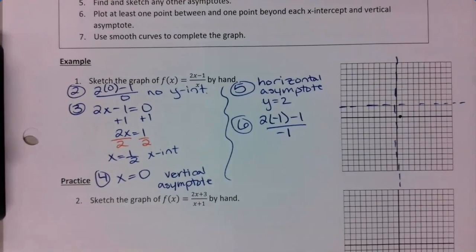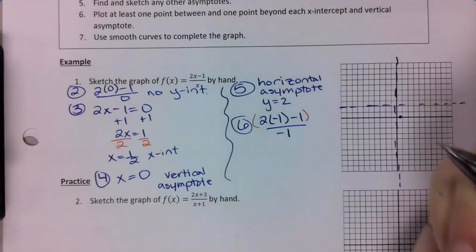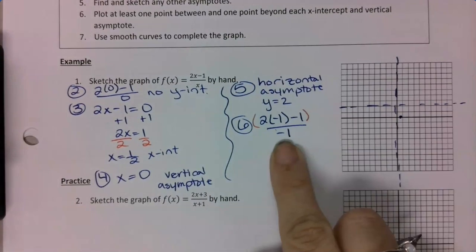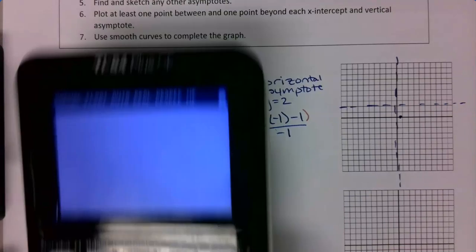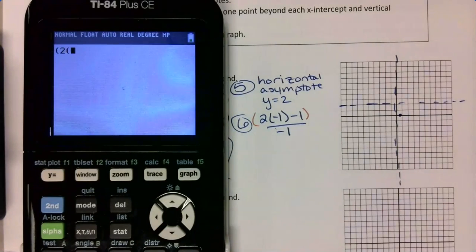So if I want to type this straight into the calculator, I can type my whole numerator in parentheses, and then I would want to make sure I type the right negative on the denominator. So I have 2 parentheses -1 minus 1.